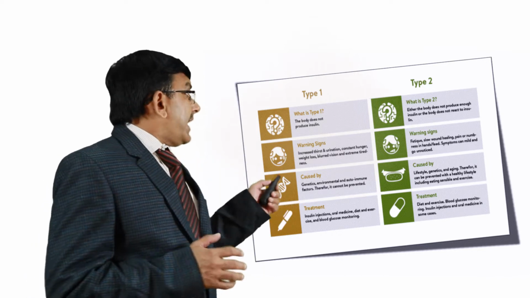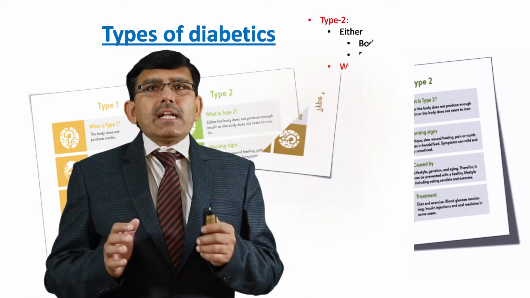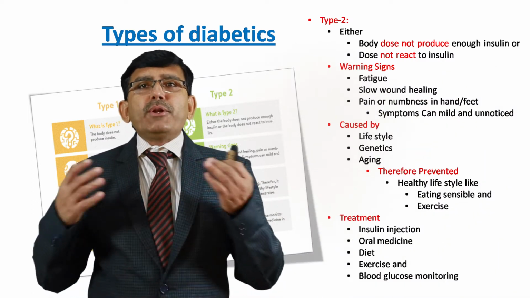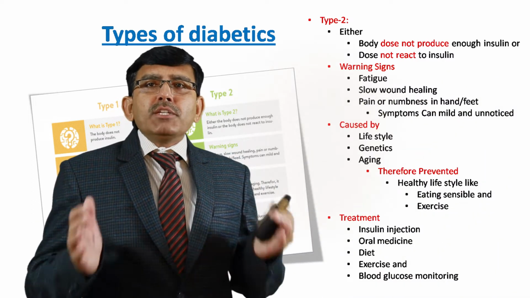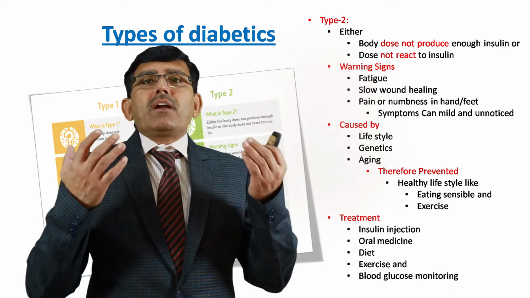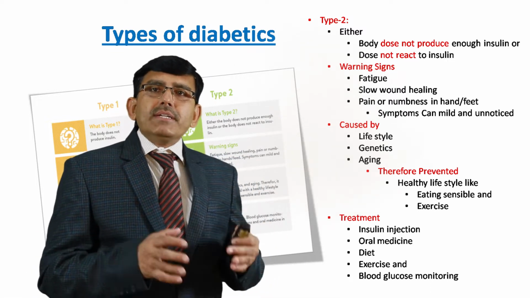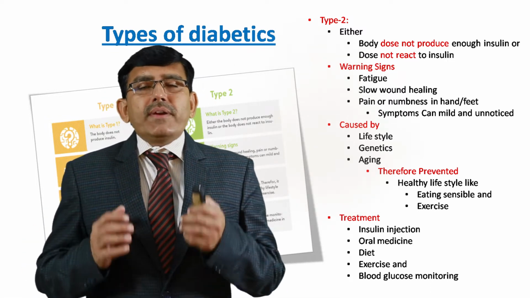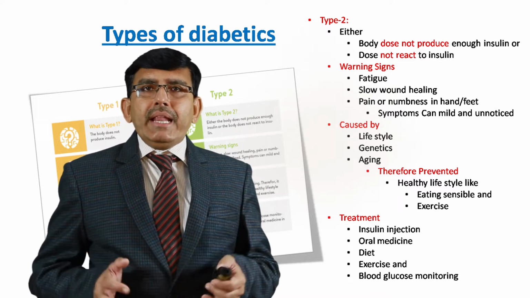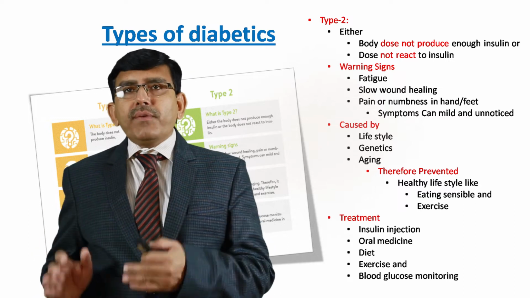Whereas in type 2, the body does not produce enough insulin or does not react to the insulin produced by the pancreas. The warning signs are fatigue, slow wound healing, and pain or numbness in hands or feet.